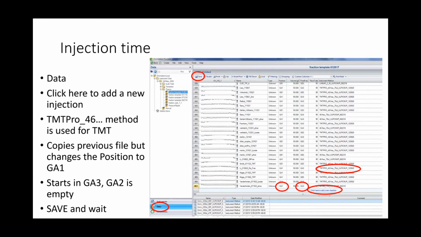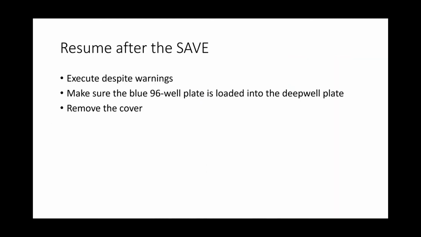This is talking about which position of the autosampler our plate is in, and then A1 would be where our sample is. We start with an empty GA3. All the rest of the wells are empty except for GA1 if we're doing a single run. And then we hit save and wait.